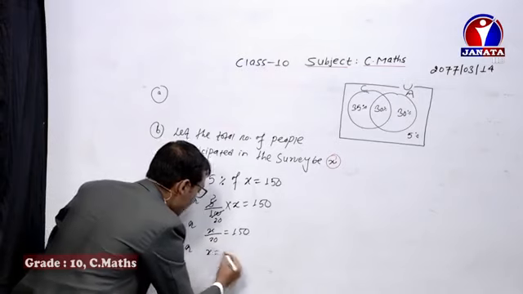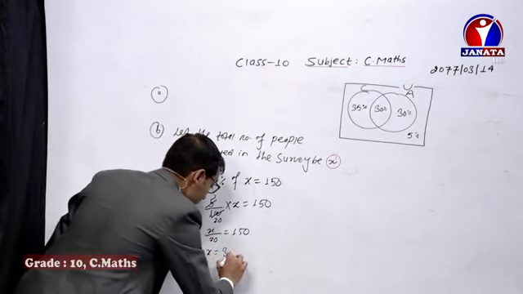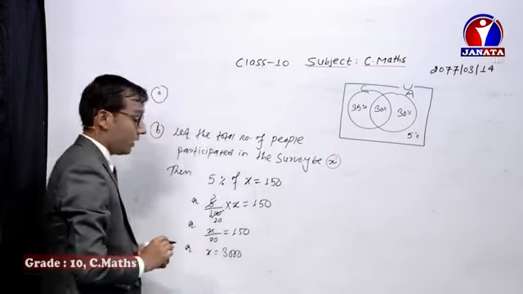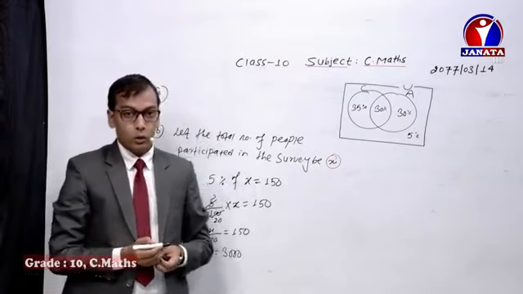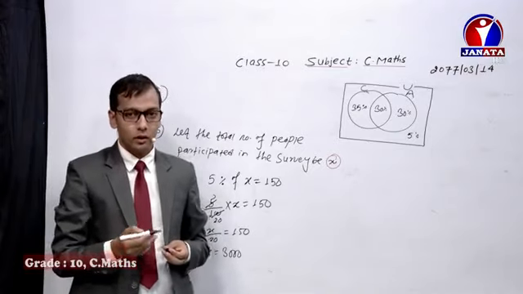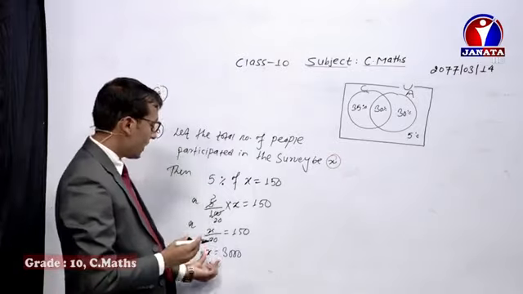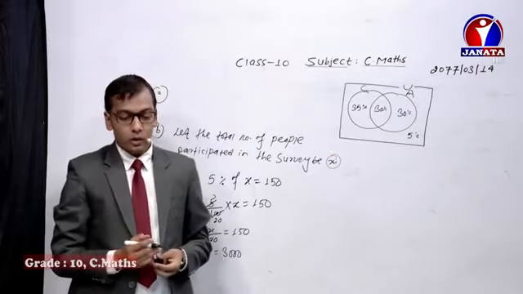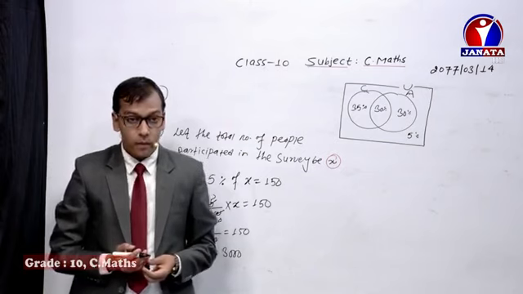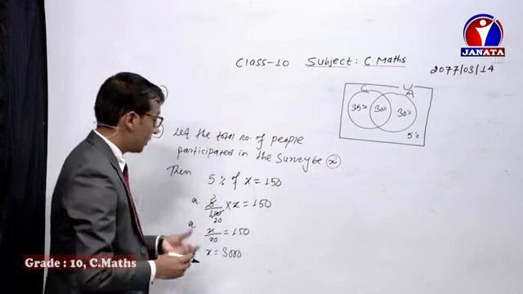So what is X? 150 times 20 is 3000. So in total 3000 people participated in the survey. So we can conclude by writing: therefore the total number of people who participated in the survey is 3000.